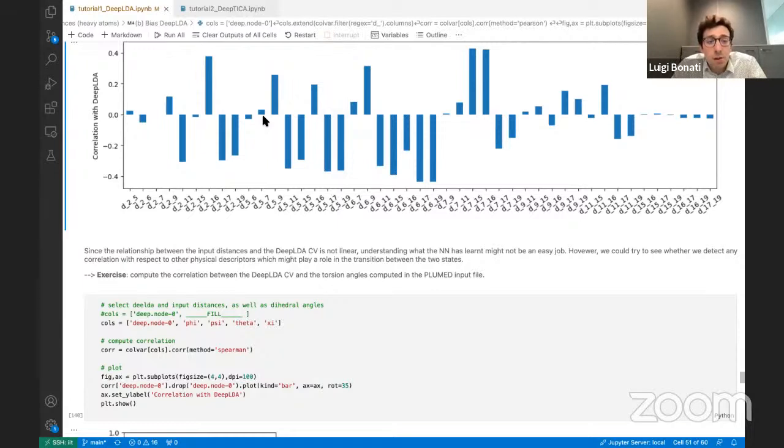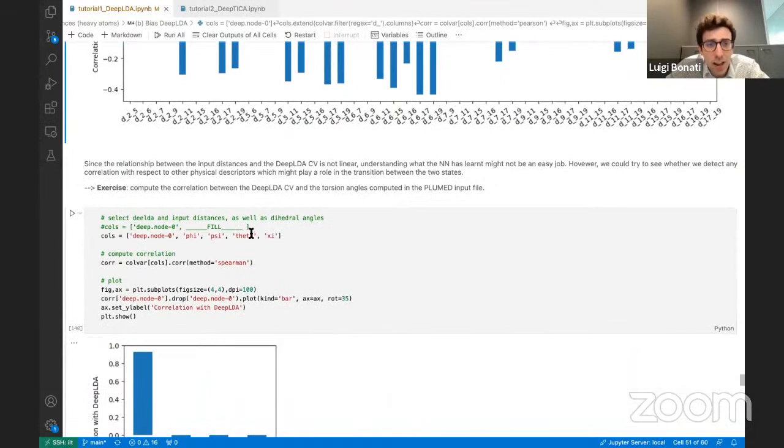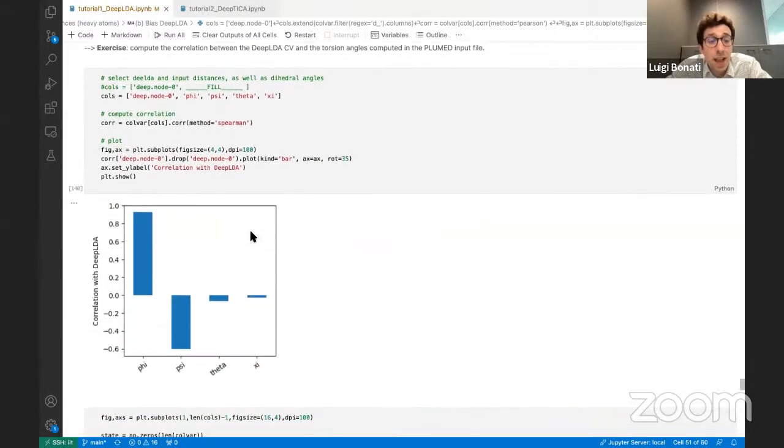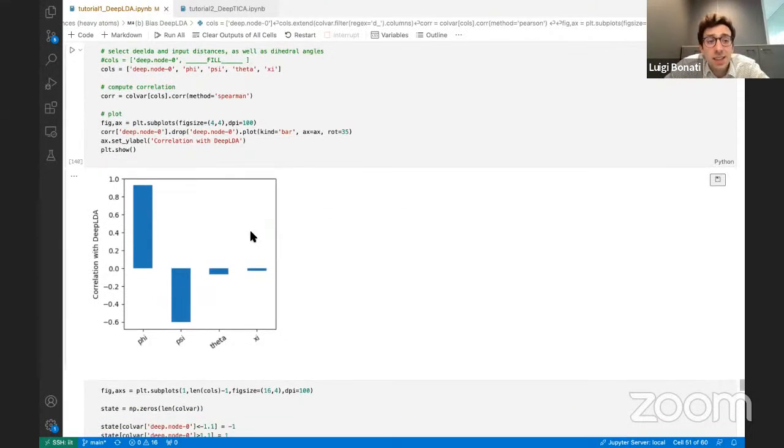So in the PLUMED file, we already computed along the trajectory the Ramachandran angles phi and psi, as well as two extra torsional angles, theta and psi. And if we do so, we immediately recognize that the CV has a very high correlation with the phi dihedral angle, and a decent anti-correlation also with the psi dihedral angle.